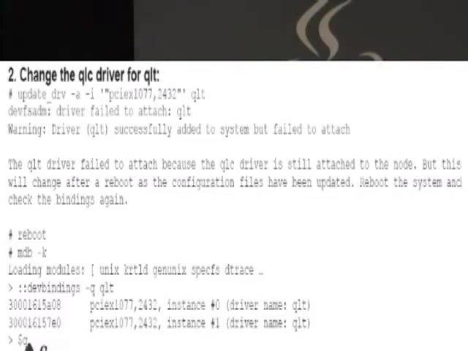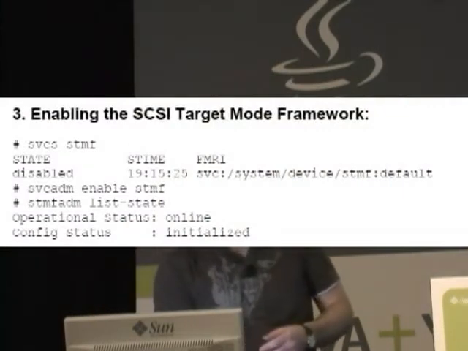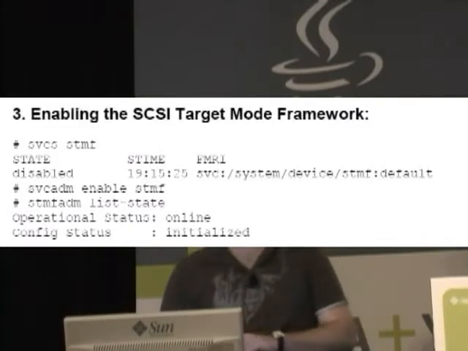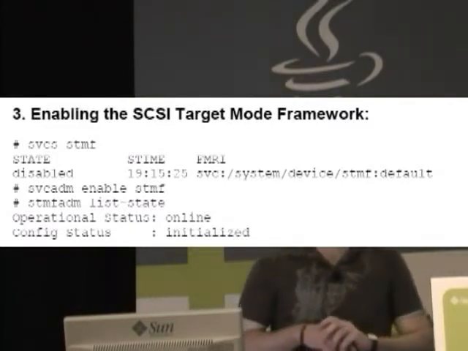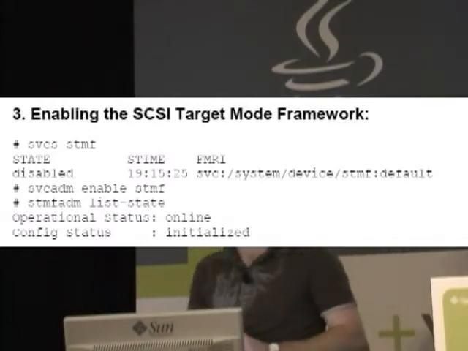So we go through, we associate it with that, and down the bottom you can see the differences between the two MDB output streams. And so now we've converted it into target mode. What can we do with that? First of all, let's make sure we enable the COMSTAR service, or the SCSI target mode framework.